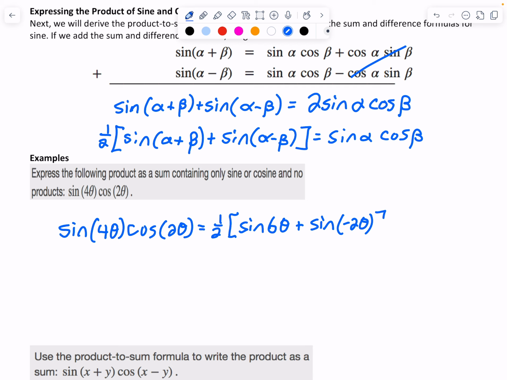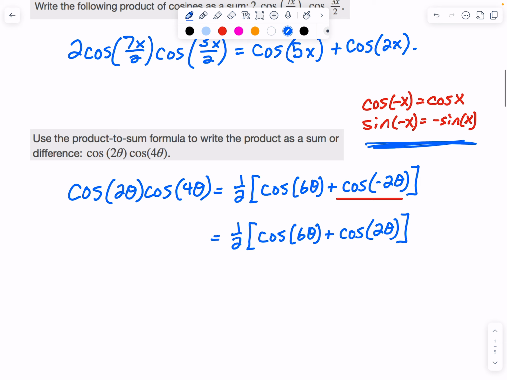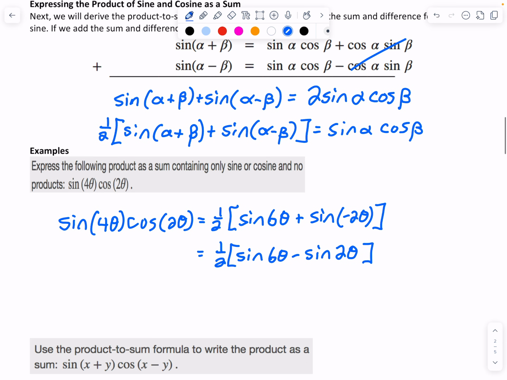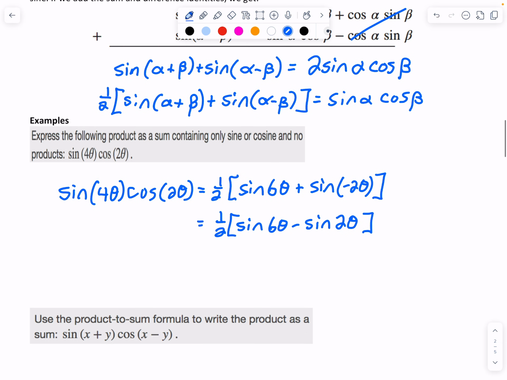I put the parentheses there this time because of that negative. And then I know, based on what we wrote above, this is going to be sine 6 theta, and then I'm going to get a minus sine 2 theta. That was from what I wrote up in red above here. That's not a 60 or 20, that's 6 theta. I don't know what theta is, so we're done.